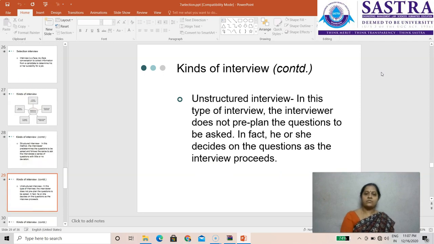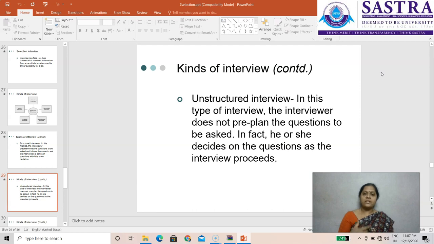And in the case of unstructured interview, this is a type which is called non-directive, or a free interview type. Here the interviewer will not have any pre-plan. He will not pre-plan the questions to be asked.